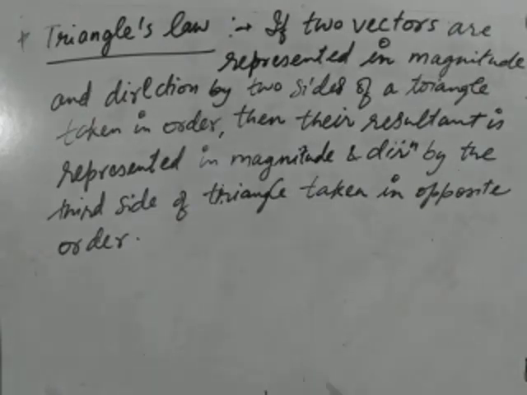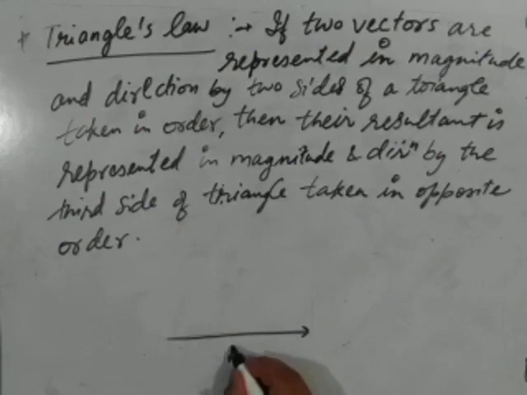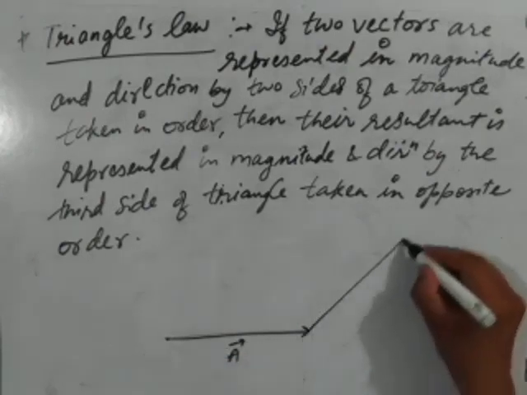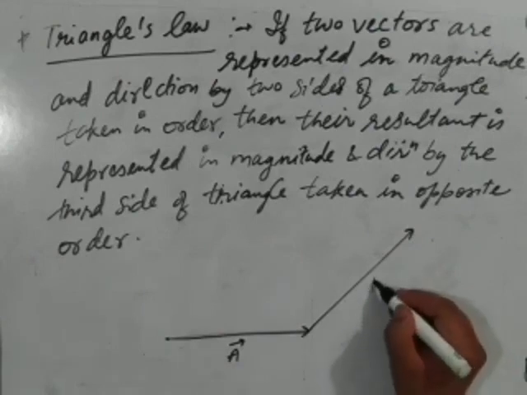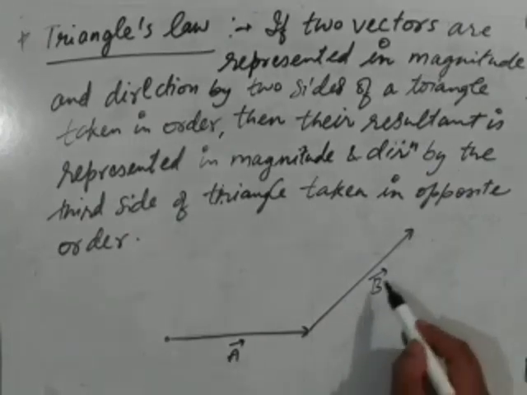That means, say if A is one vector which represents the first side of the triangle, B is another vector which represents the second side of the triangle taken in order. That means if we start from the tail of A, we go to the tip of A and then go from tail of B to the tip of B. This is called taken in order.